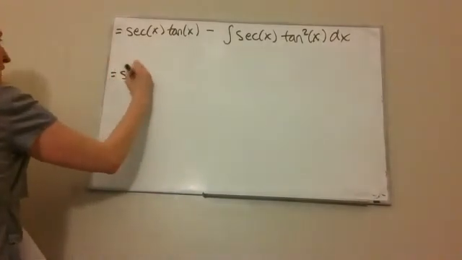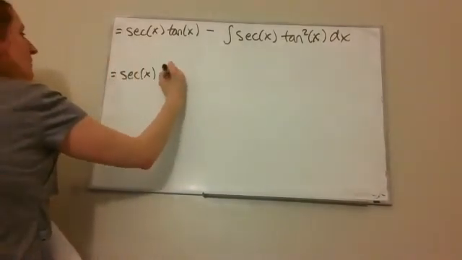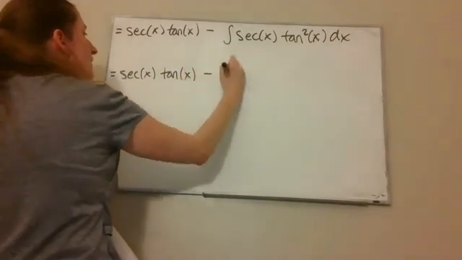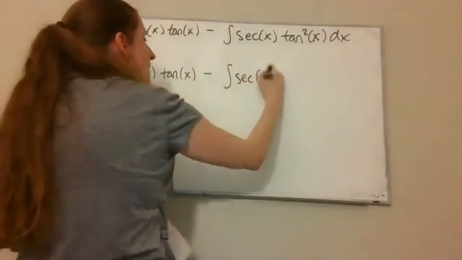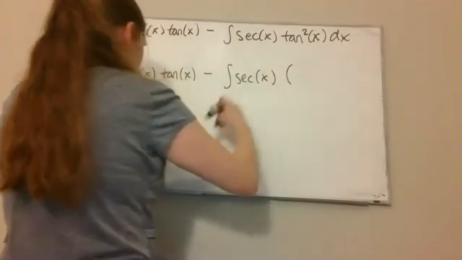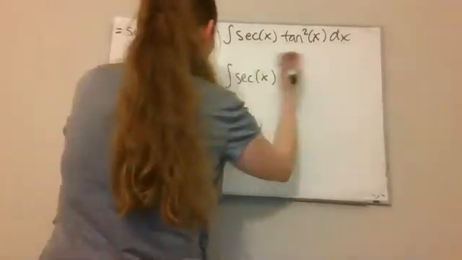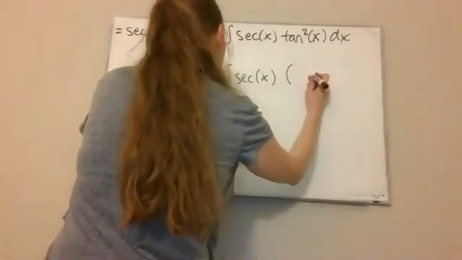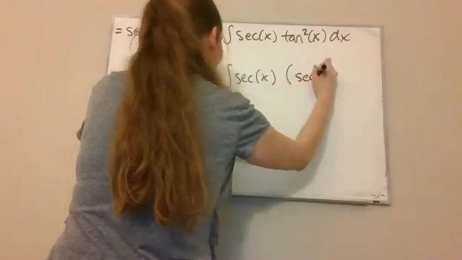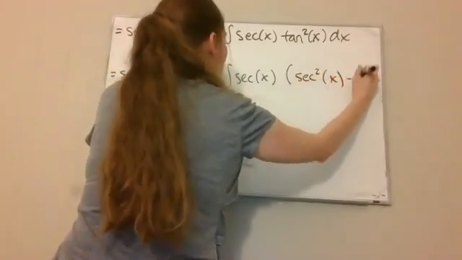My tangent squared is equal to, let's see, that would be a secant squared minus 1.